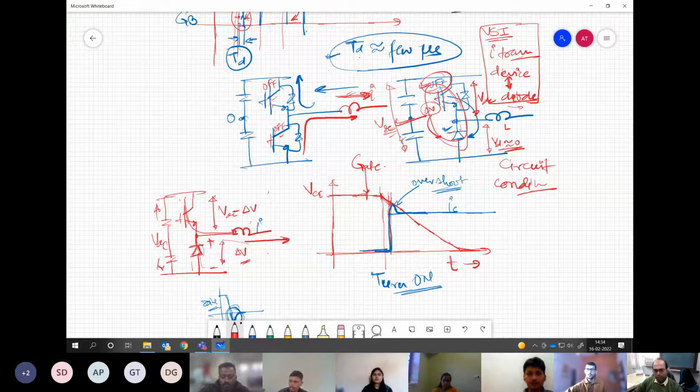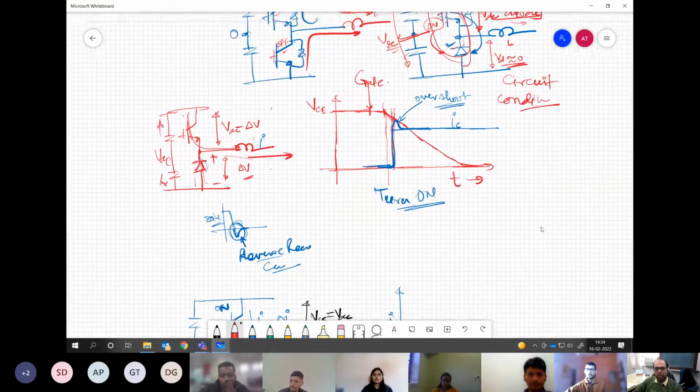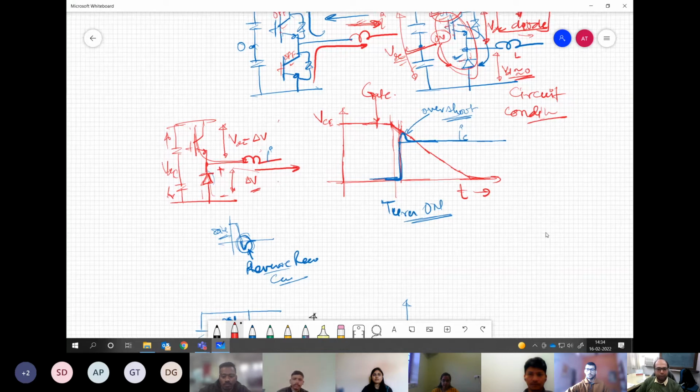Now with this, we try to understand the turn on characteristic of the device, because KVL and KCL have to be satisfied always. When you are trying to turn on the IGBT and the bottom diode is conducting, current is going out.